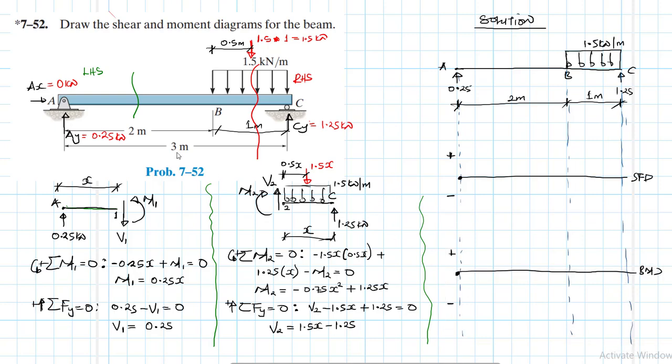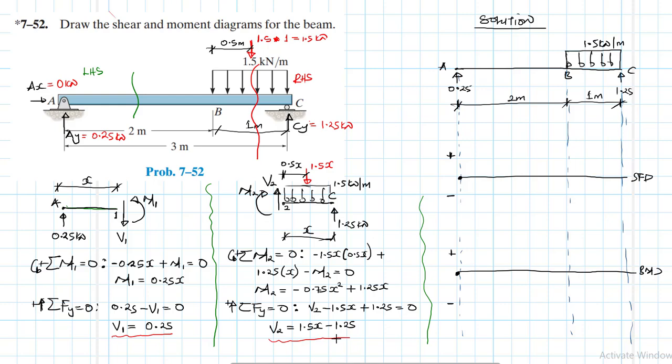Okay, something like so. So we have two equations for the shear. We have V1, and this V1 governs the interval AB. This is V1 here. And then we have V2, which governs the interval BC.